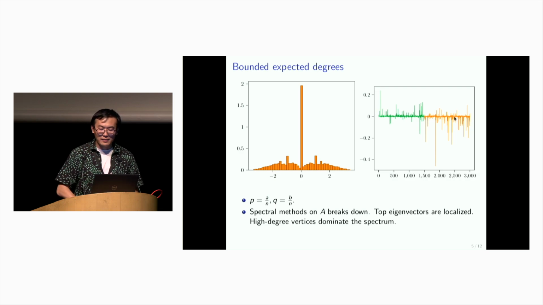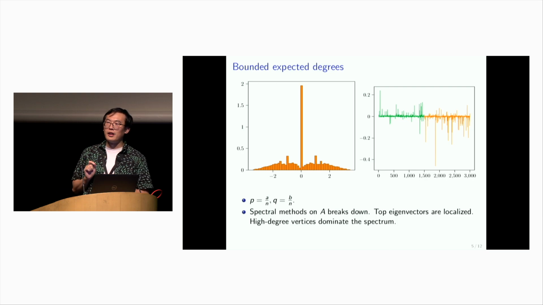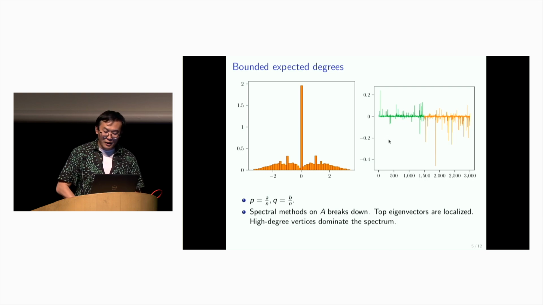The mass is not well spread out among all the entries, but some of the entries will have very heavy mass corresponding to some high degree vertices. This is called the eigenvector localization phenomenon in random matrix theory. So the top eigenvectors are localized, and you don't get any information from looking at those eigenvectors for the community detection task. The high degree vertices dominate the spectrum, so those outliers come from those high degree vertices.